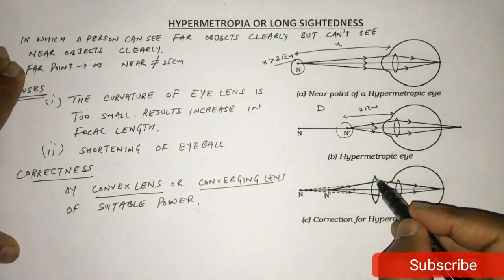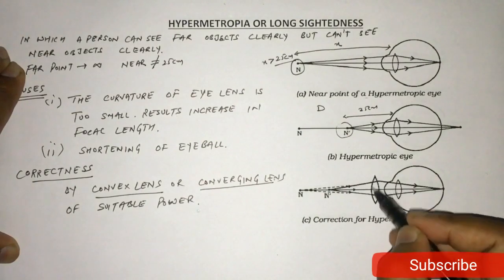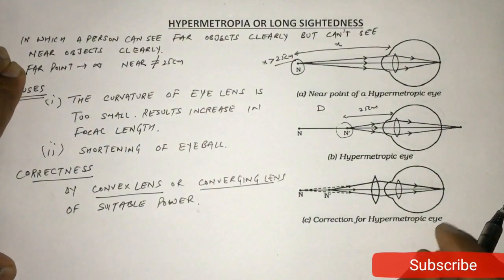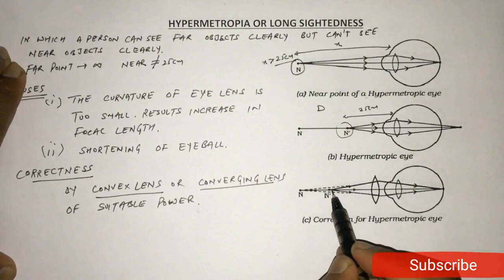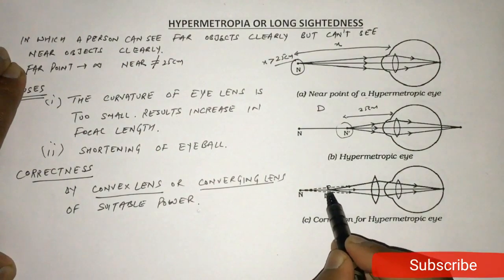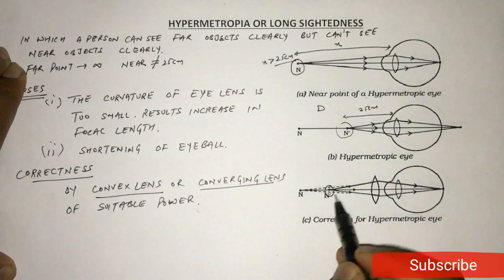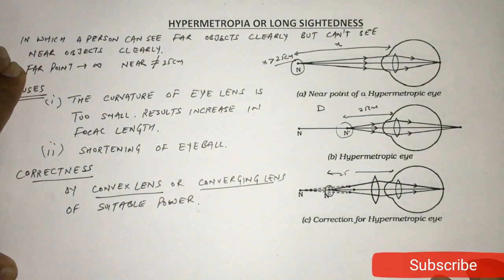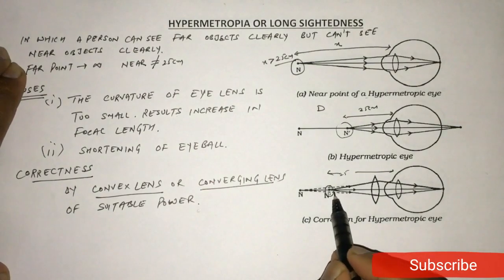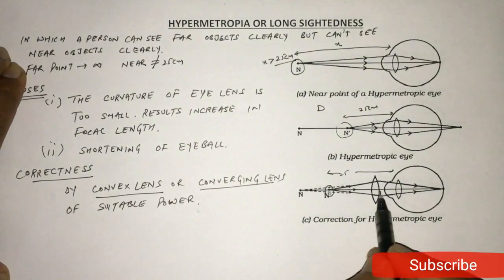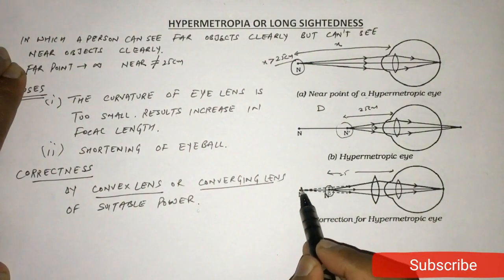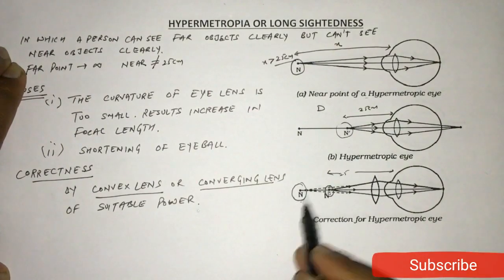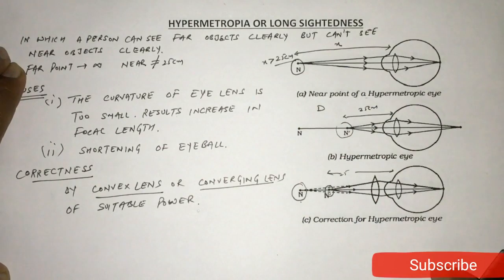Now what happens in this case? Suppose we use a convex lens of appropriate power for this hypermetropic eye. So the virtual image of this object which is placed at the 25 centimeter, means the near point of a normal eye, in that case this convex lens forms a virtual image at n, means the near point of hypermetropic eye.